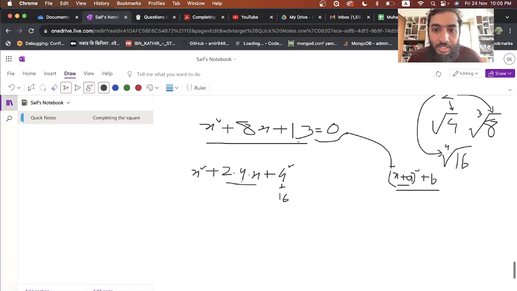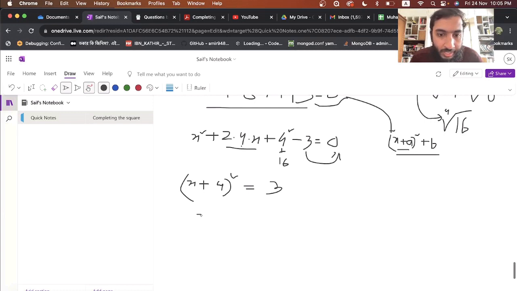So here is 13, so I have to use minus 3 to match 13, right? Equals 0. So I can write x plus 4 whole square, and the minus 3, if I take it here, it will be plus, right? So x plus 4 whole square equals 3.